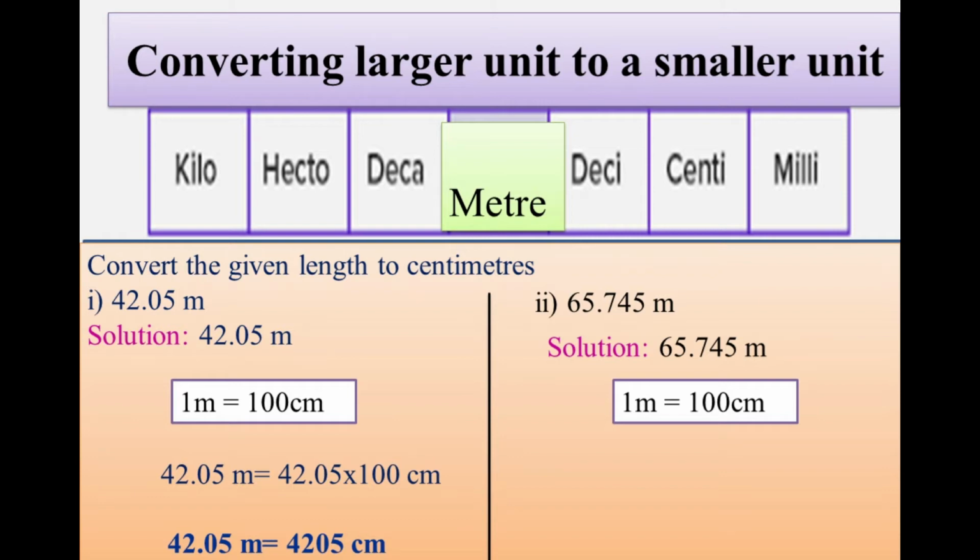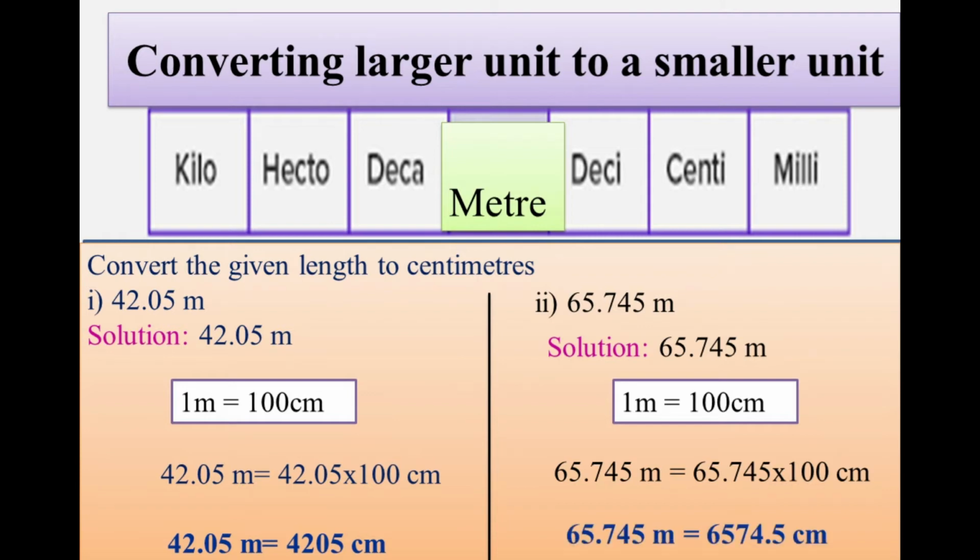On doing so, you have to multiply by 100. This 65.745 should be multiplied by 100 and the meter is changed to centimeter. On multiplying by 100, we get 6574.5 centimeter.